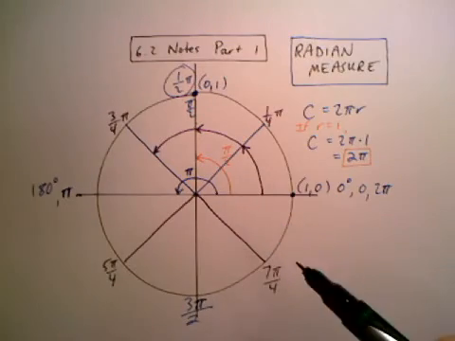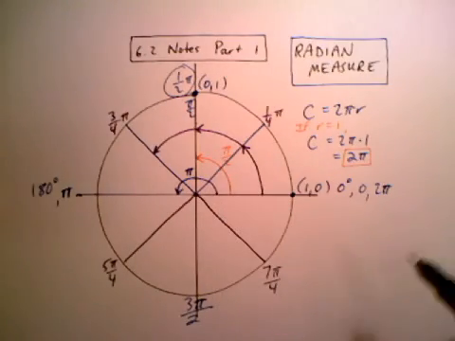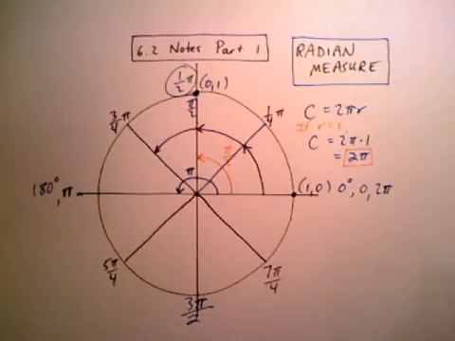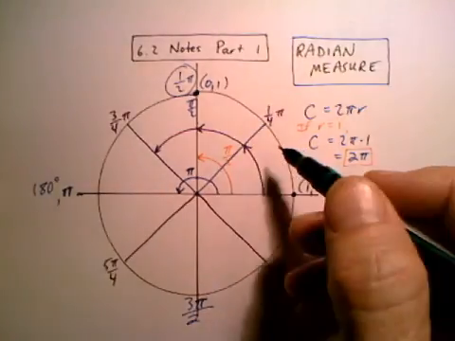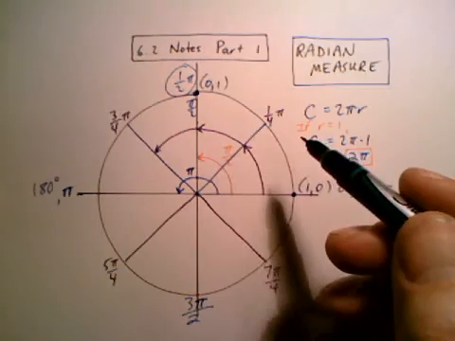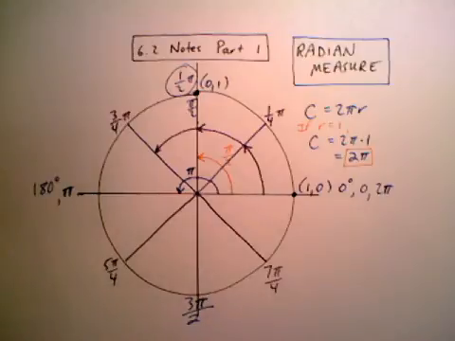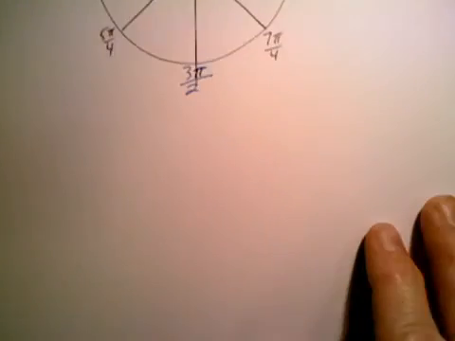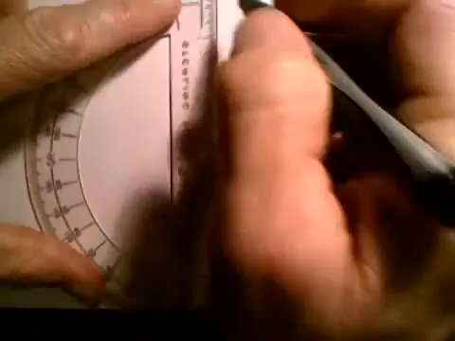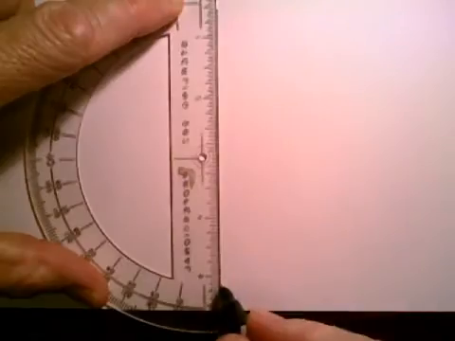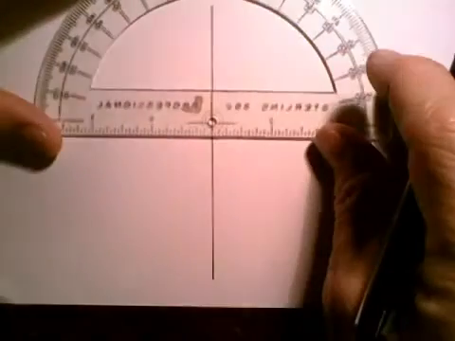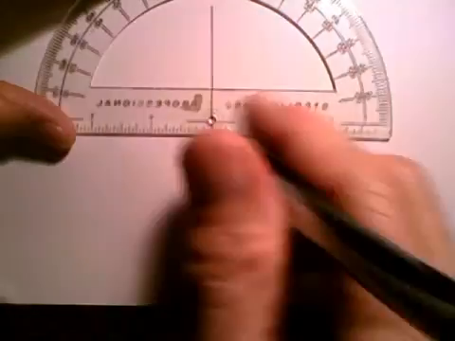Okay, well, the circle is getting a little bit busy, so we're going to draw another circle down below, and we'll work on the pi over 6s and the pi over 3s and things like that, those kinds of angles. Okay, so let's go ahead and do that. Let's scoot this on down, and starting with a blank slate here, let's go ahead and draw our vertical axis, draw our horizontal axis, and we'll get going.